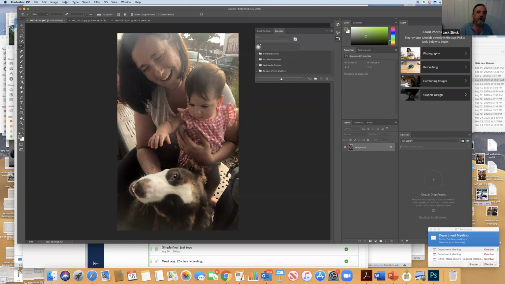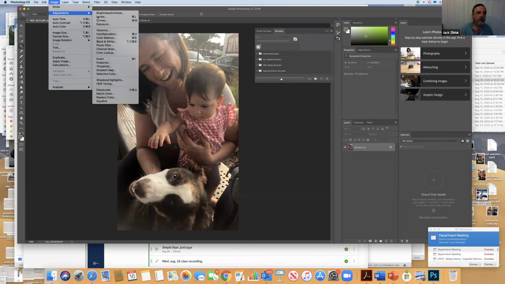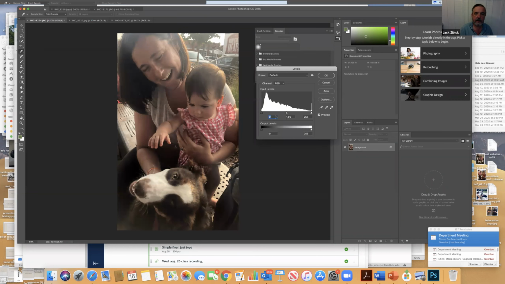See, if I do the autotone, it doesn't make much difference here, but when I do the levels on the side, I bet it will. Yeah, see, a little bit. Adjusting the levels, I made our darks darker, and that made the photo pop a little bit more.